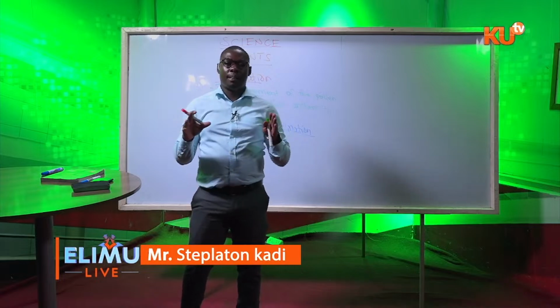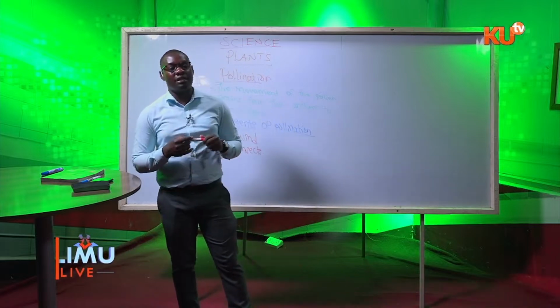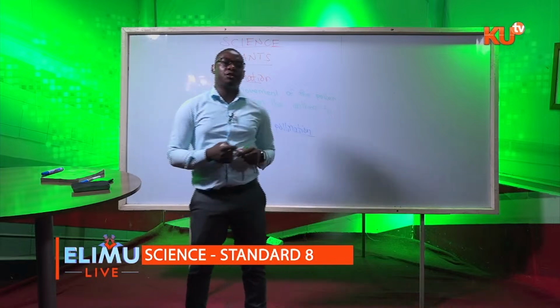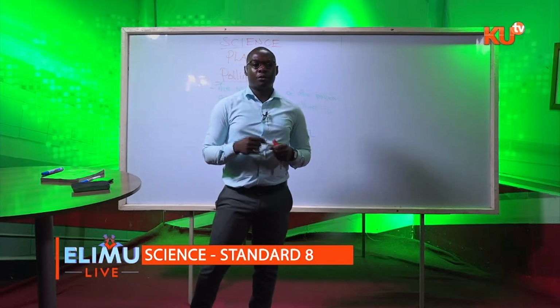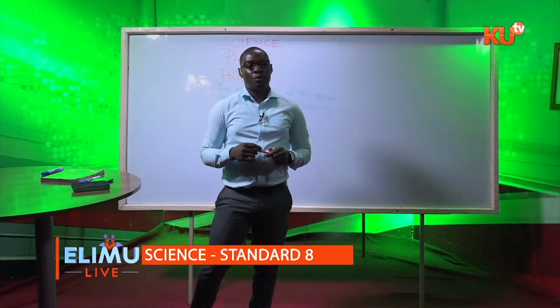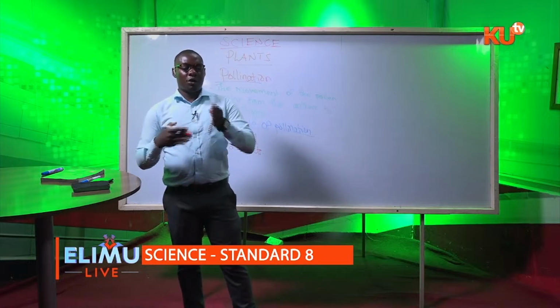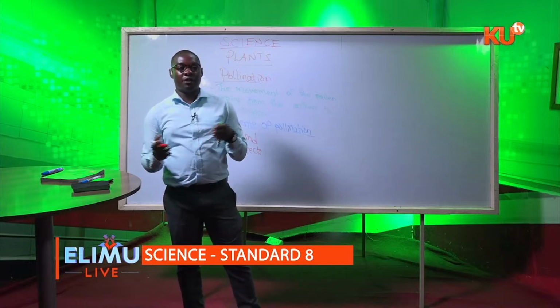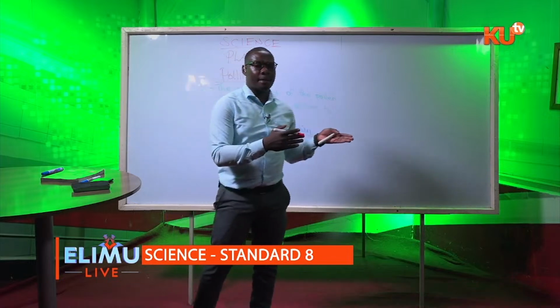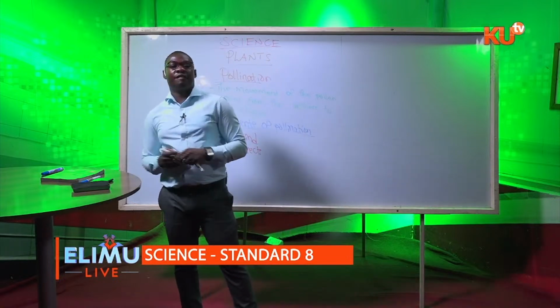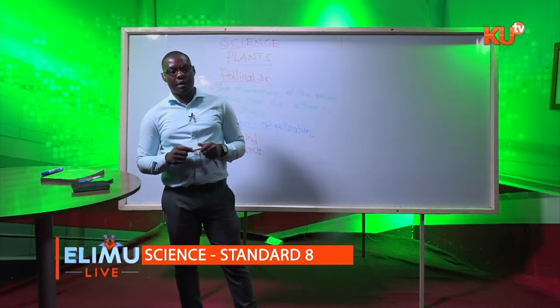Whatever means the pollen grains move by is what we refer to as the agents of pollination. We are going to look at two of them, which are insects or wind. So we are going to see what the difference is. Why should this flower be pollinated by insects, and why should another flower be pollinated by wind?